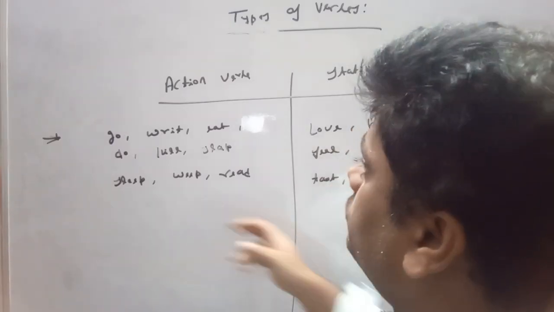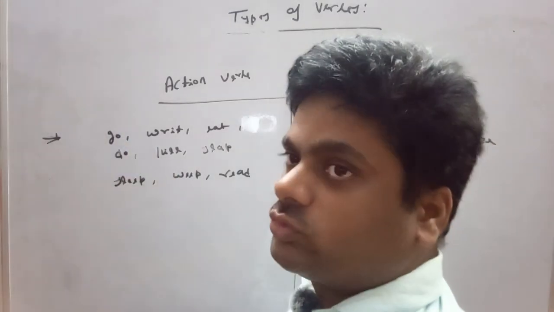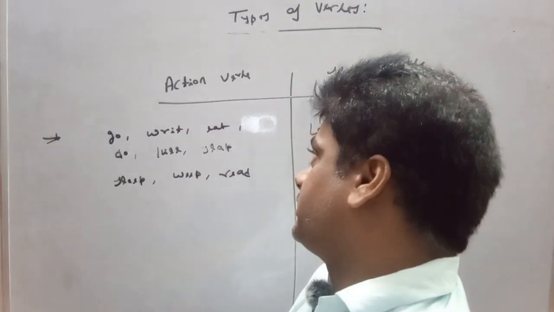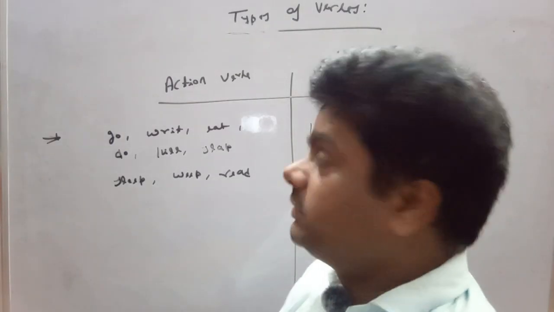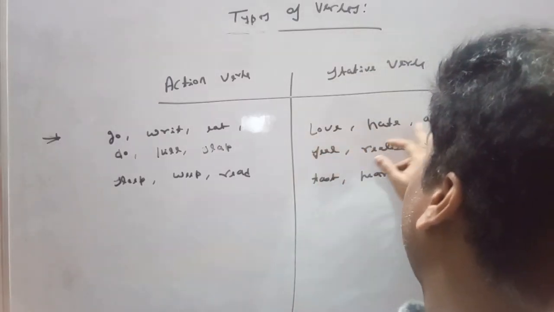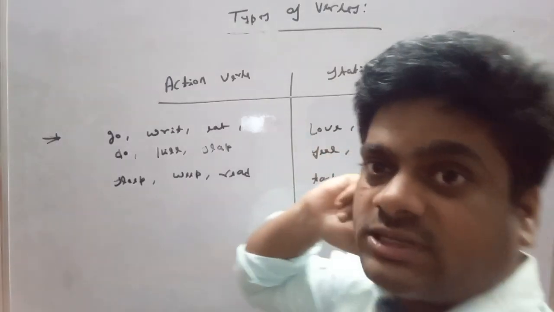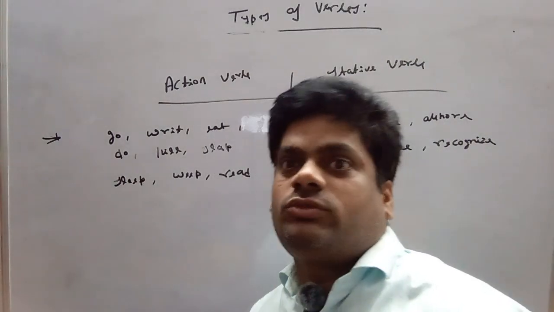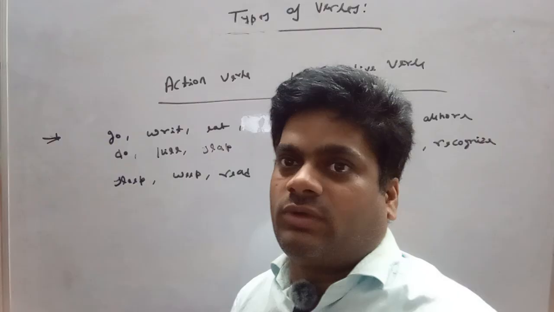If we talk about go, he is going to school, it is action verb. He is writing a letter, it is action verb. He is eating food, action verb. But we cannot say he is loving him, he is hating him, he is abhorring him, because in case of stative verb we do not use the ing form of a verb.